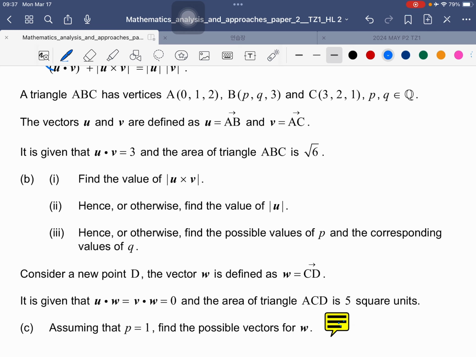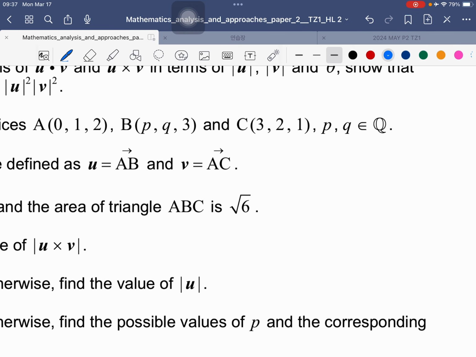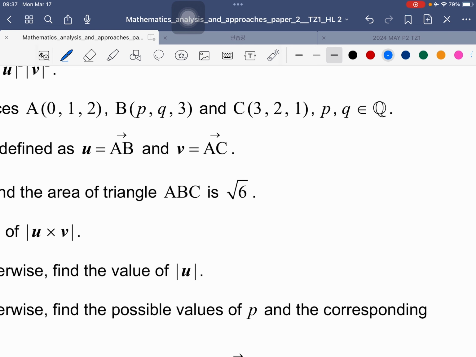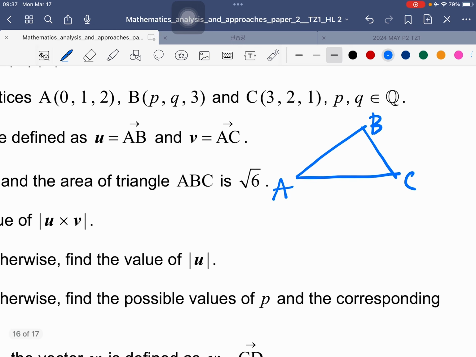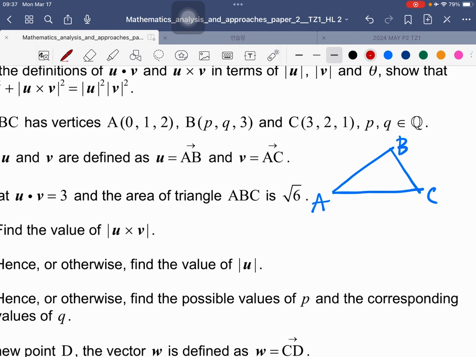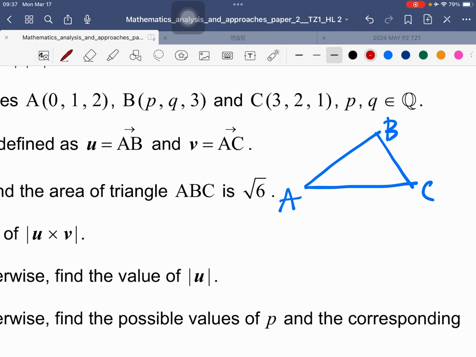So we can draw a picture to help us better understand the situation. So triangle ABC, we can draw like this. Let's call this A, B, C, and the coordinates are given here. So we define A to B as the u vector. So this vector here is the u vector, and A to C is the v vector.